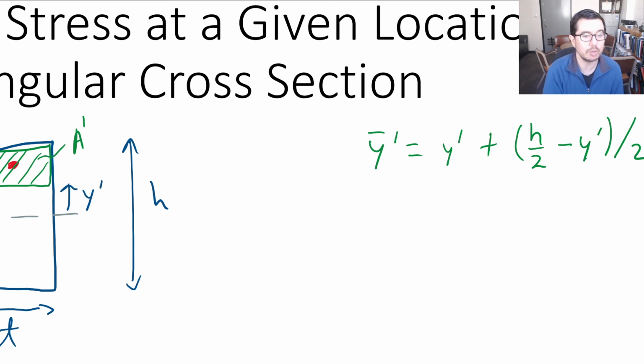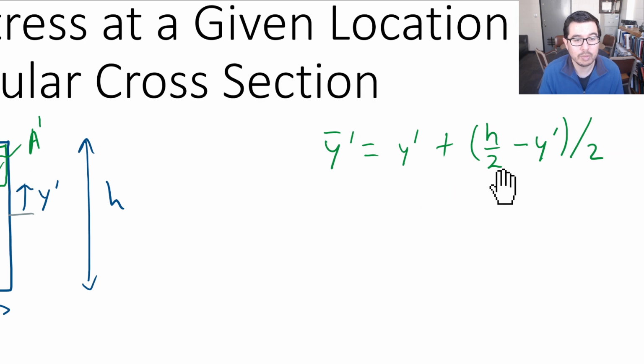It doesn't let me draw when I'm zoomed in. But what is this little distance, the height of my hand right here? Well, h over 2 describes the half thickness. So h over 2 minus y prime will give us this hand height, but I need half of that hand height. So h over 2 minus y prime, divided by 2.